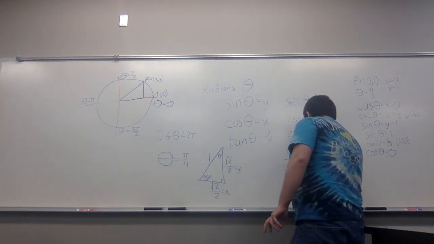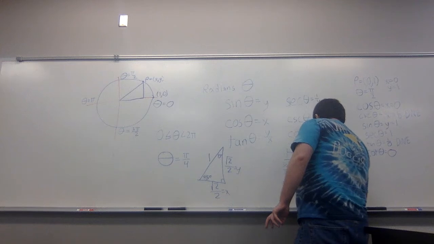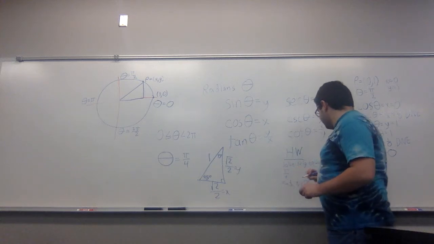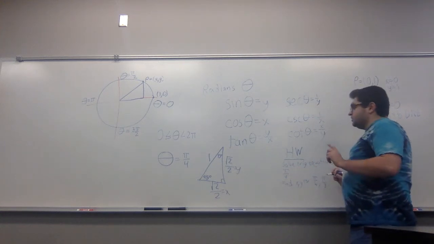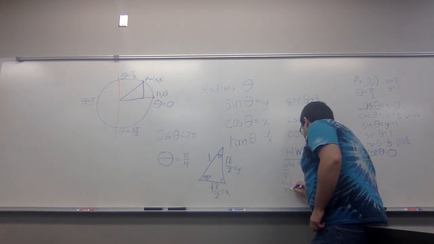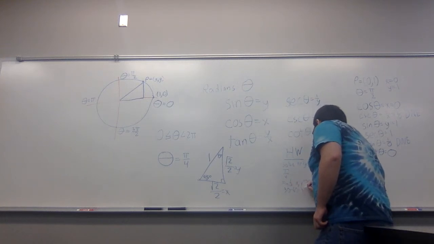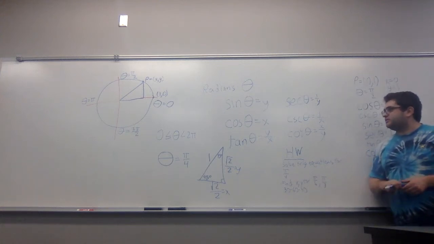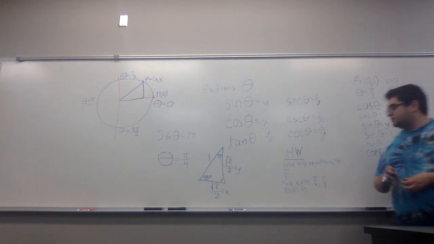I'll give you guys a hint. It would be similar to this way, because you would also do a triangle, but I would recommend you think about 30, 60, 90 triangles. Again, another one of those fun little throwbacks from high school.